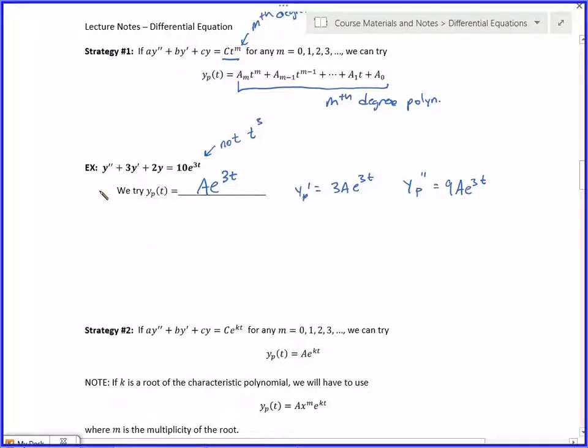Plug it in, right? So you get 9a e to the 3t plus 3 times 3a e to the 3t plus 2 times a e to the 3t, set equal to 10 e to the 3t.